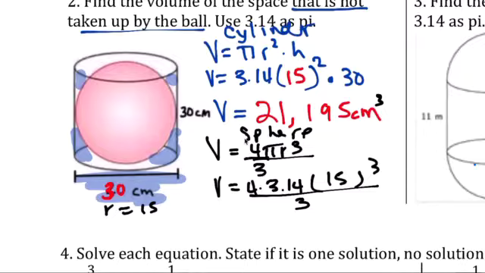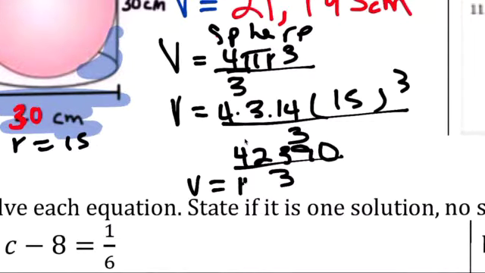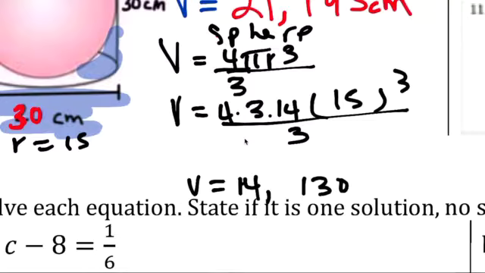Times that by 3.14 and times that by 4, you get 42390. And if you divide that by 3, you get the volume of the sphere is 14,130. Anyways, I hope you see that. Centimeters cubed.